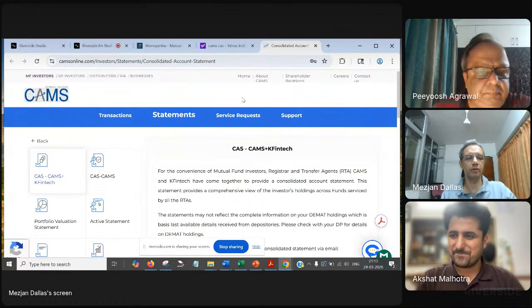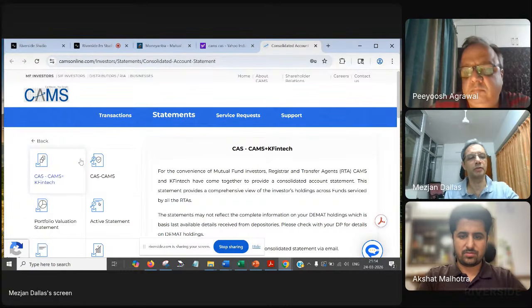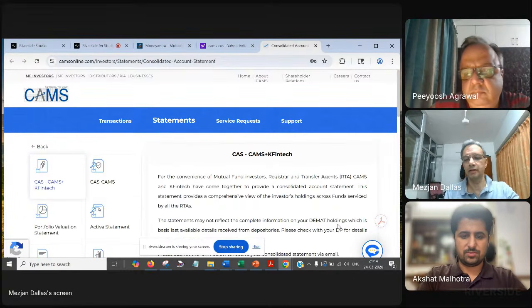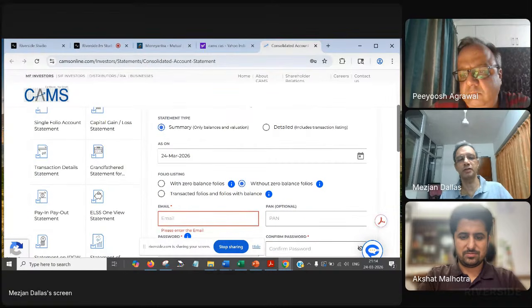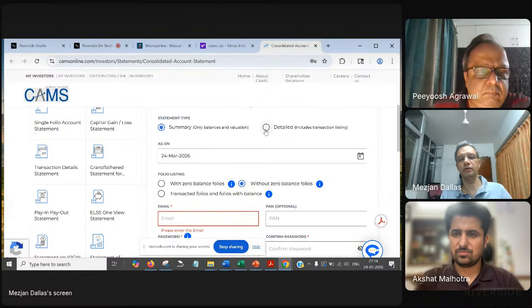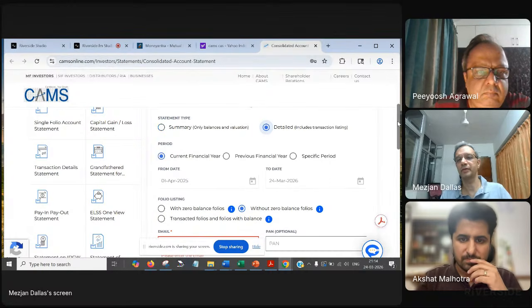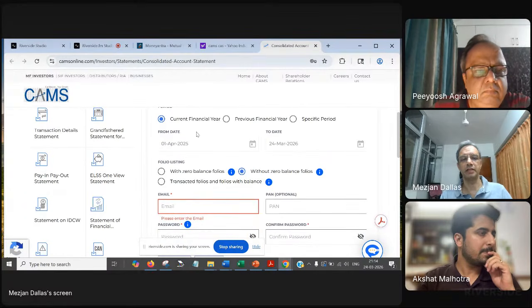So all you do to get your consolidated account statement is type in Google CAMS CAS, CAMS consolidated account statement. You go in there, and when you go into the website, it gives you specific instructions. You have to click detailed statement, then it'll ask from what date.